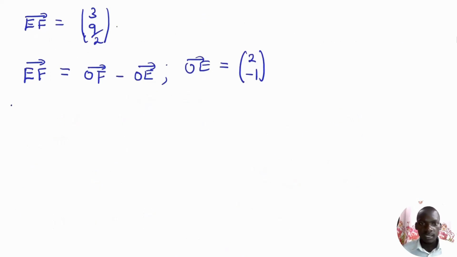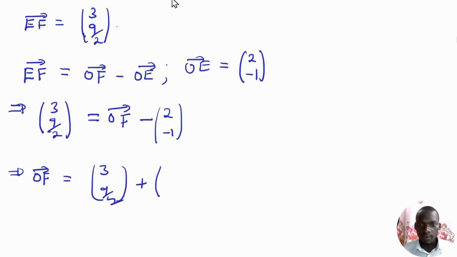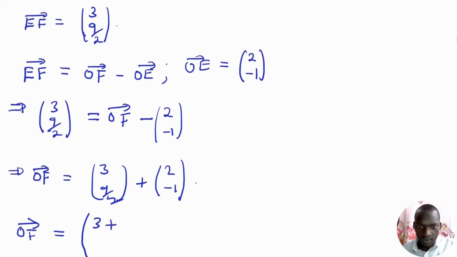So (3, 9 divided by 2) equals position vector OF, which we are looking for, minus (2, negative 1). Let's make OF the subject. Position vector OF equals (3, 9 out of 2) plus (2, negative 1), so 3 plus 2 and then 9 out of 2 minus 1.